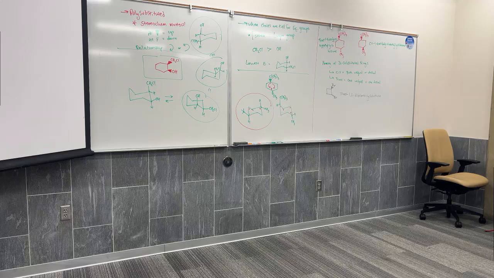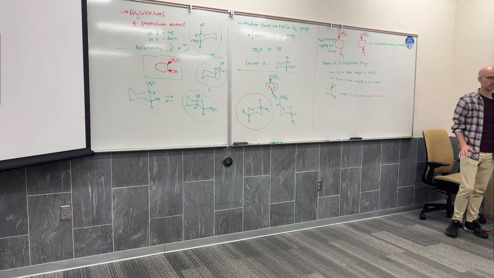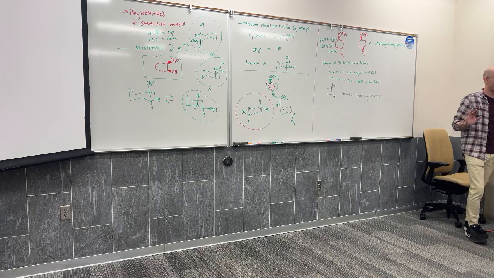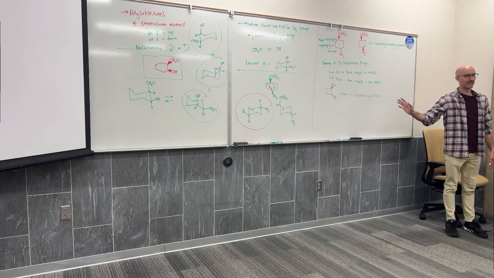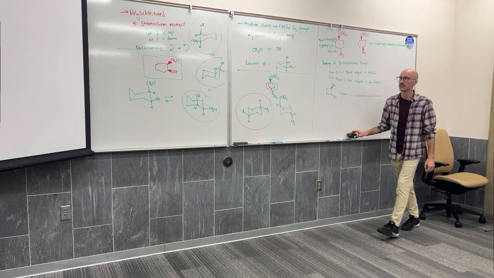The 2 groups have different orientations, 1 wedged, 1 dashed. The bromines are on positions 1 and 2. Could have given it 1 and 4, but that would have been the highest locant set. Cyclobutane. That's pretty clear, right? I mean, compared to conformations and Newman projections, that nomenclature is not too challenging.